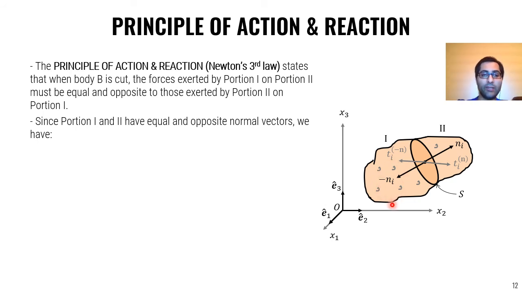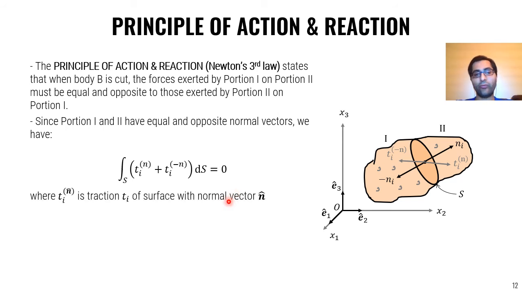So simply, since portions 1 and 2 have equal and opposite normal vectors, we can have the integral over S of T^n plus T^-n equal to 0, where we know T superscript n is the traction vector T associated with the surface with normal vector n.